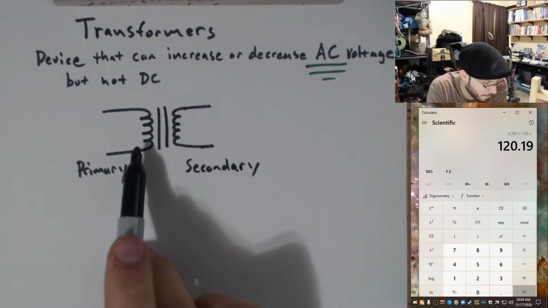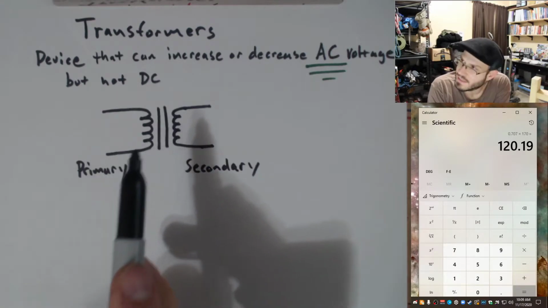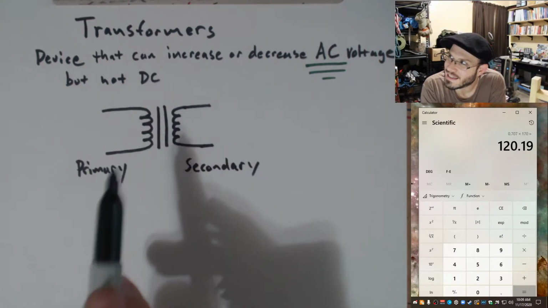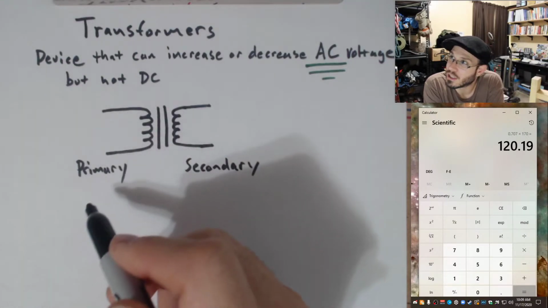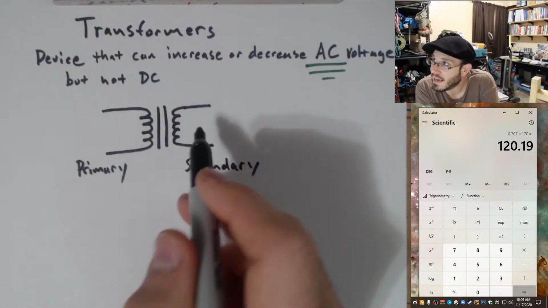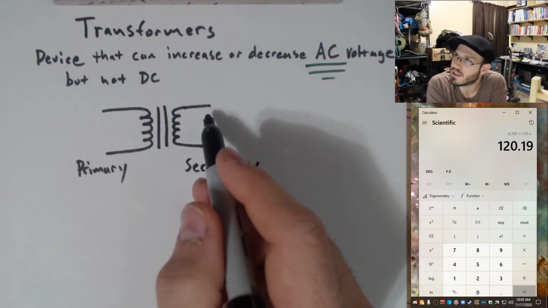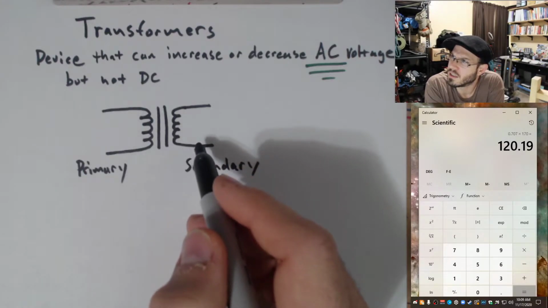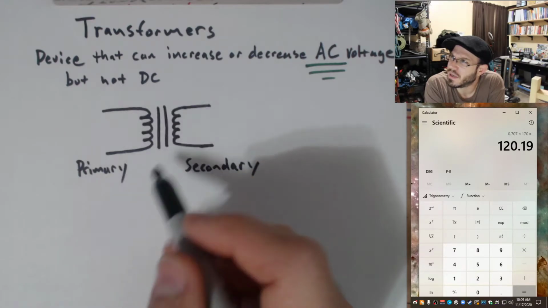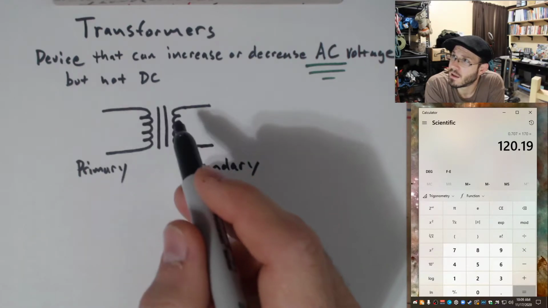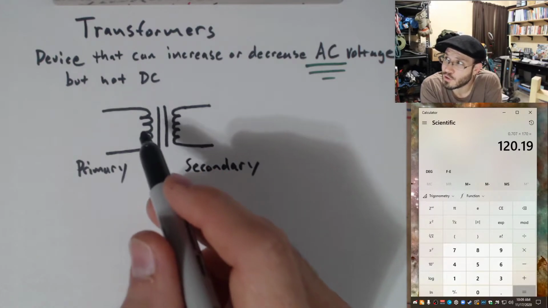And from the schematic symbol, you can see a couple of things. Read into this for a minute. On one side, it looks like we have an inductor. On the secondary side, on this other side, it looks like we also have an inductor. And they're not electrically connected to each other, okay? But they are physically close to each other.